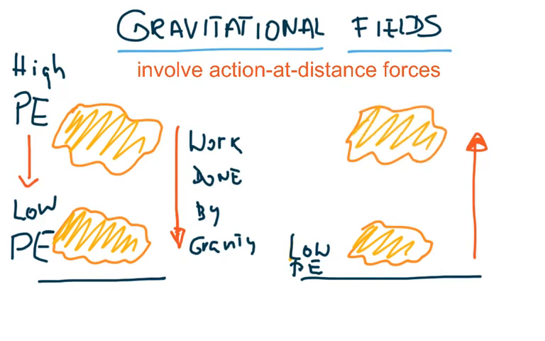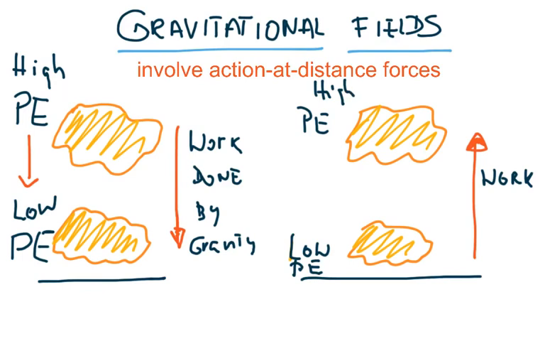If we're bringing something up, we need to apply work, and we have to apply it by some external force. After we apply the work and bring the stone up here, the potential energy will be high.